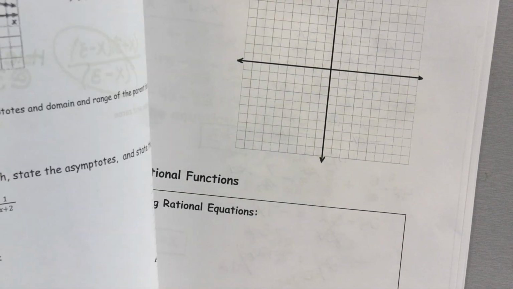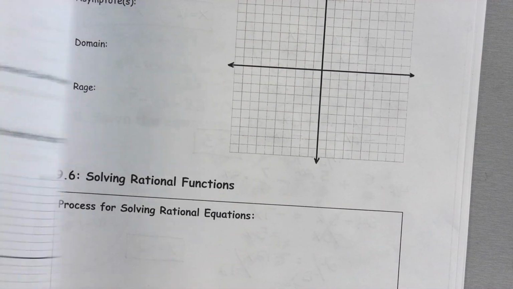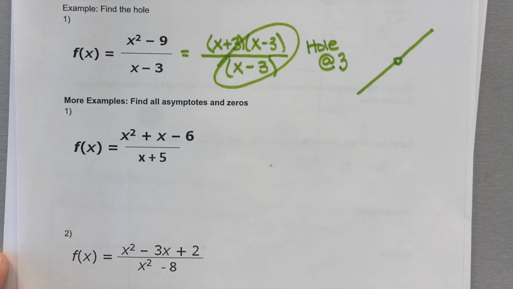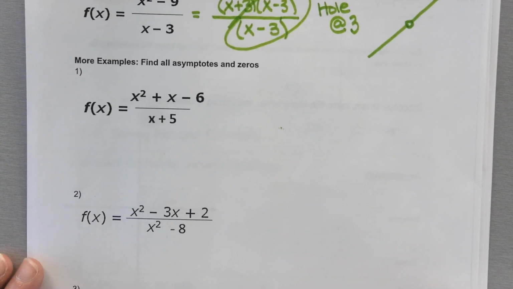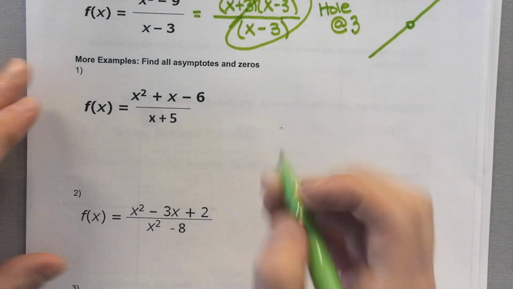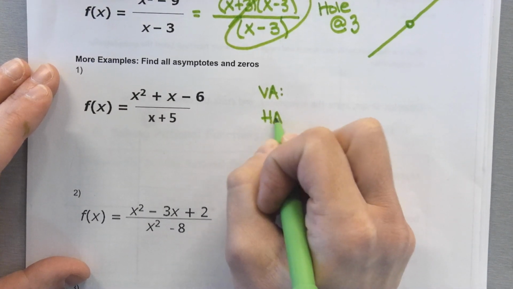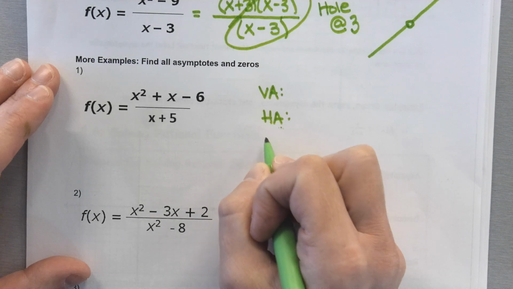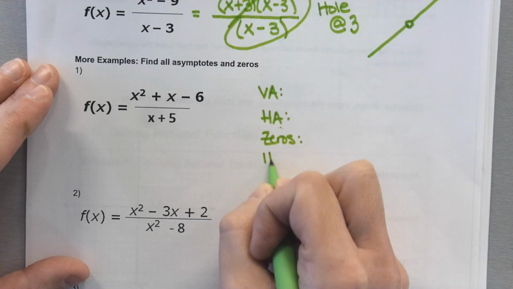Okay, let's see. Oh, we're not graphing yet. Okay, so we just want to find all the asymptotes and zeros. So let's start number 1. We just want to find our vertical asymptote, our horizontal asymptote, if there are any zeros, and then also if there is a hole.